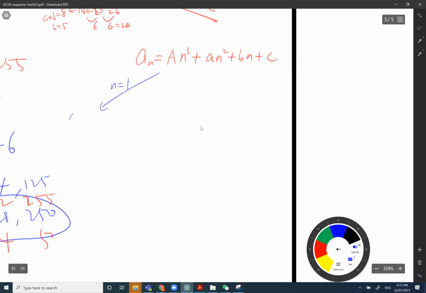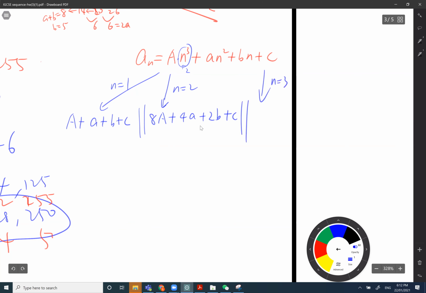A plus B plus C. If n equals 2, 2 cubed is 8a, 4b, 2c plus d.